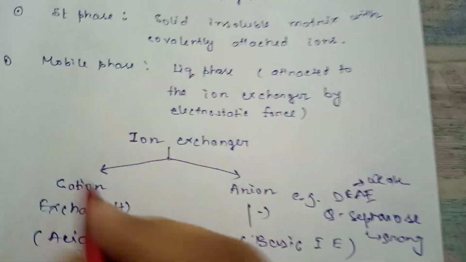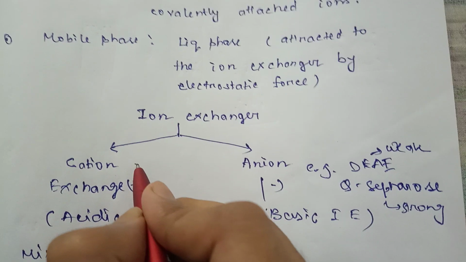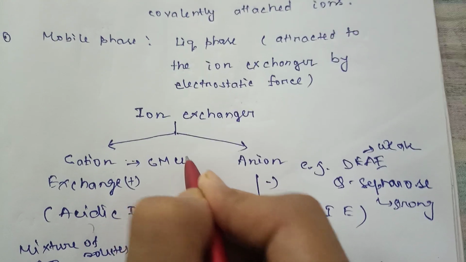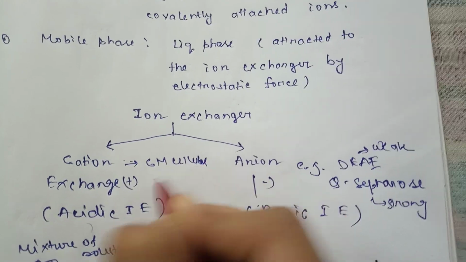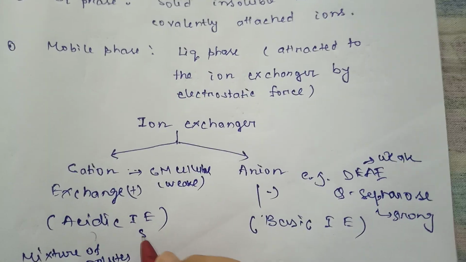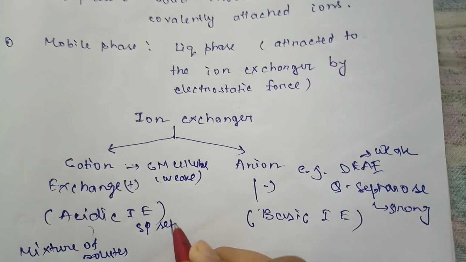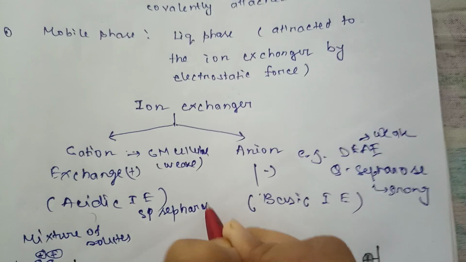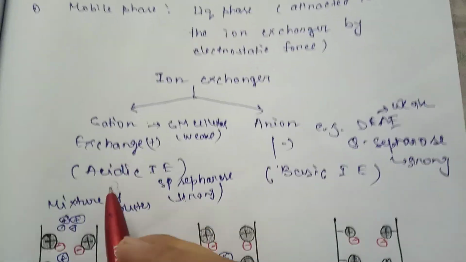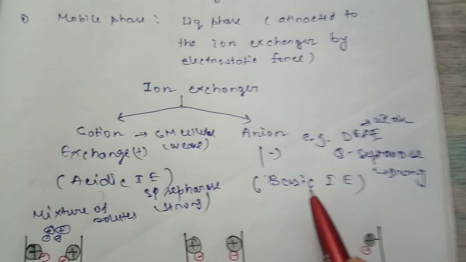For cation exchangers the examples are CM cellulose, which is weak, or SP sepharose, which is strong. And remember, the cation exchanger is acidic and the anion exchanger is basic.